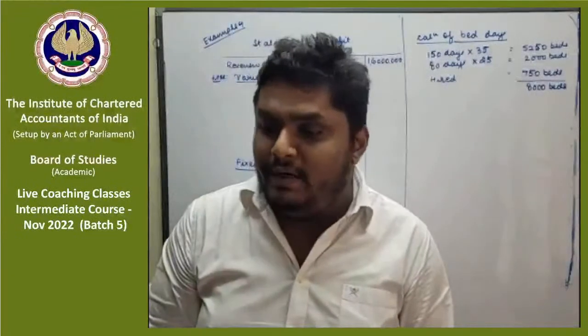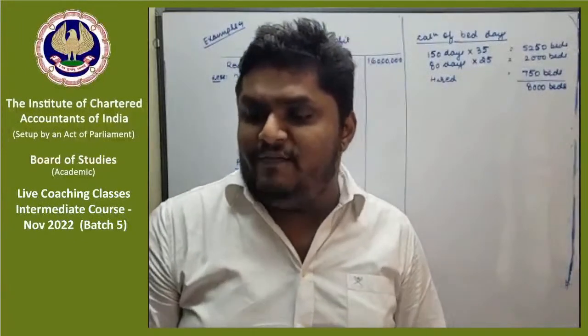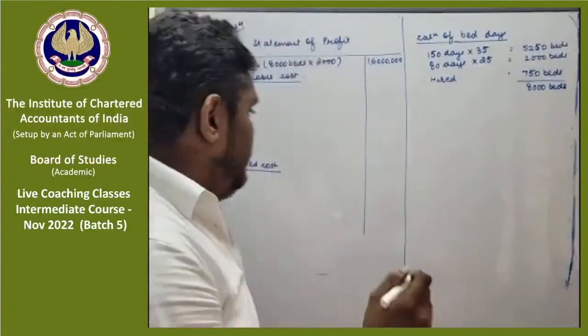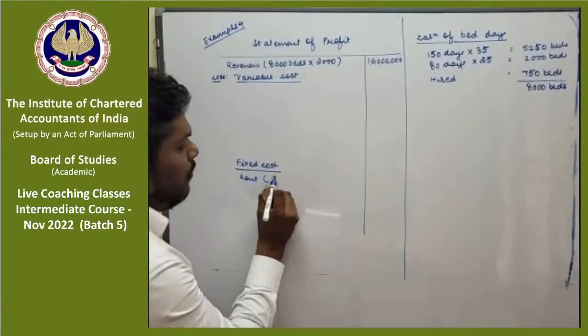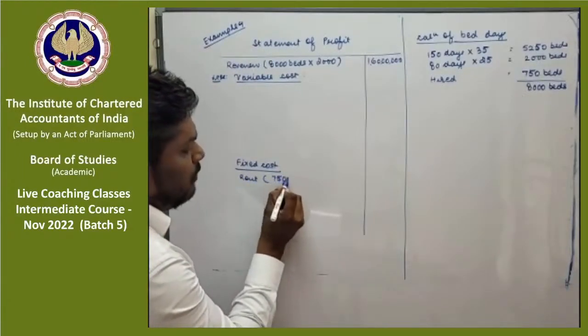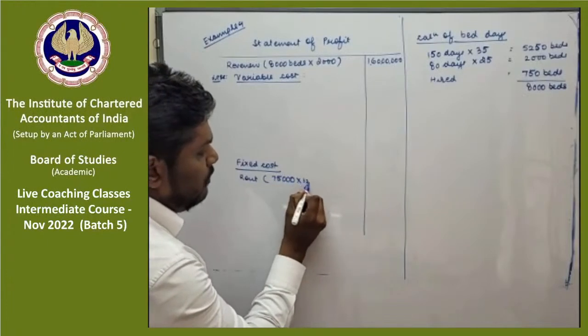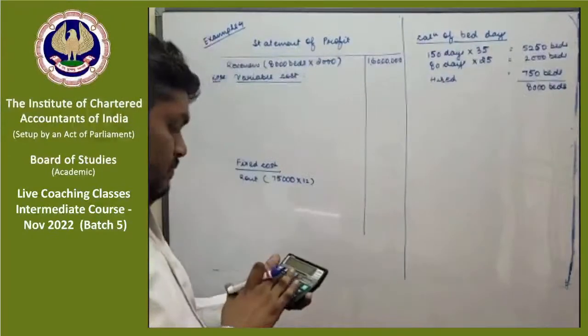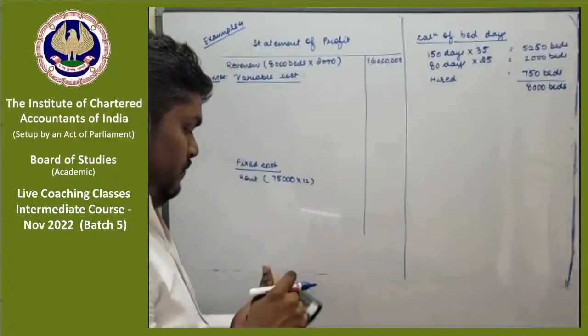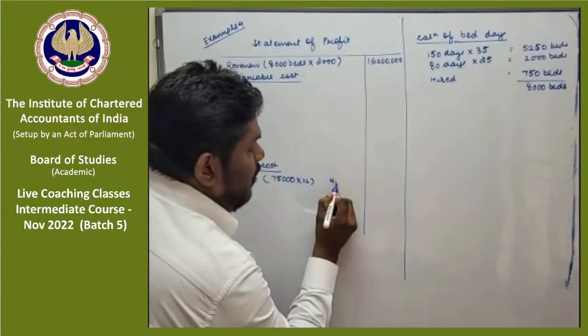When talking about rent per month, 75,000 into 12, rent is a fixed cost. ₹9 lakh is the rent.